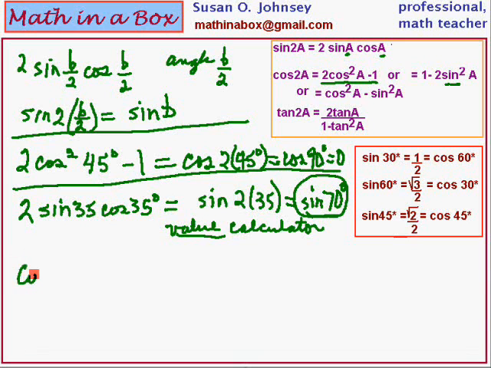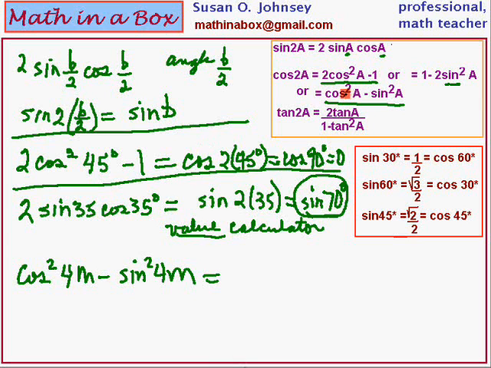Alright, let's look at another one. The cosine squared of 4m minus the sine squared of 4m. Do you recognize that one? That's the third identity that I have listed up here for the cosine of a double angle. Notice the A in this was replaced with 4m.